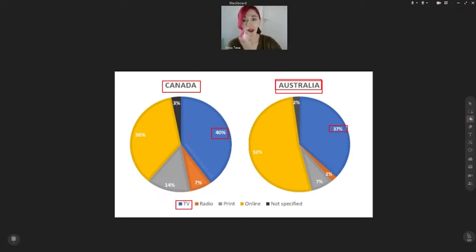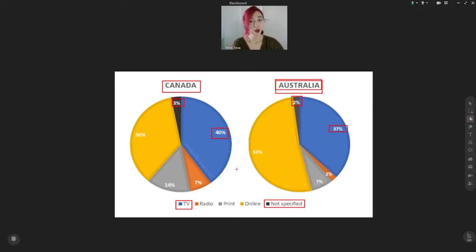But what isn't key information? Well, look at this, 2 and 3%, and it's not specified. This isn't important. We're not even going to mention this in our essay because, first of all, we don't know what it is because it's not specified, and second, it accounts for a very small amount of the population.